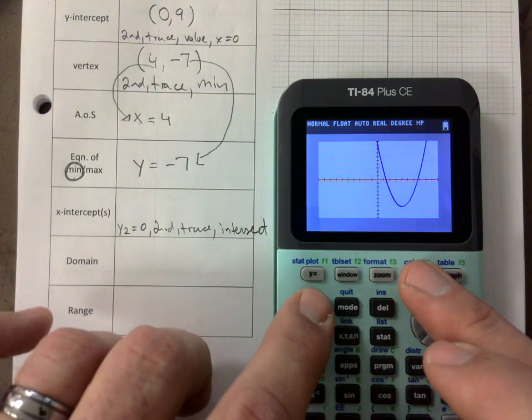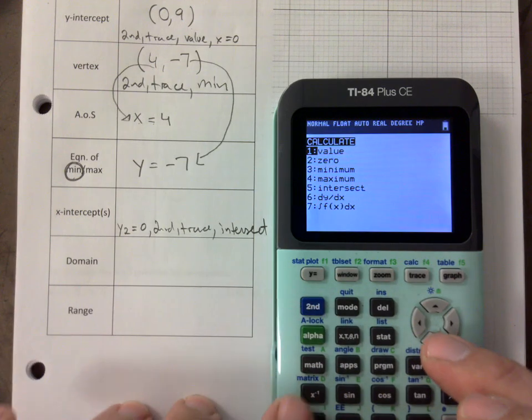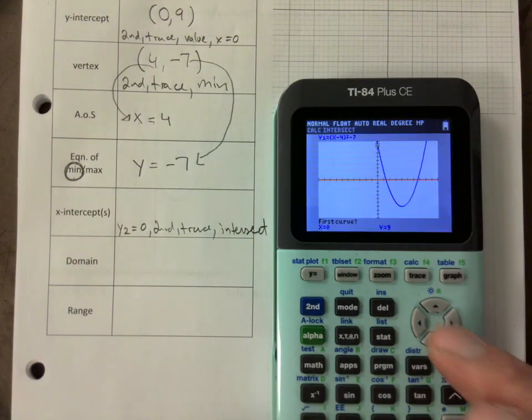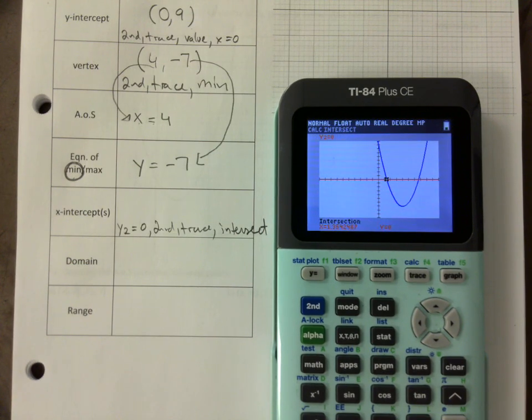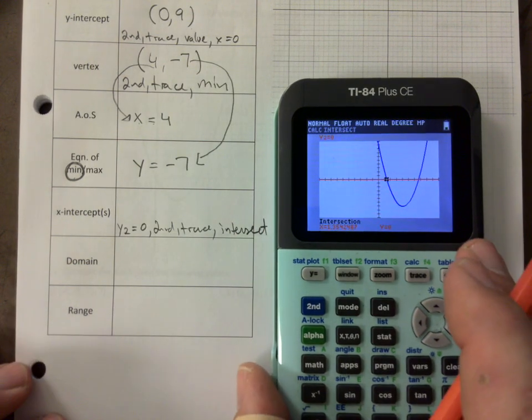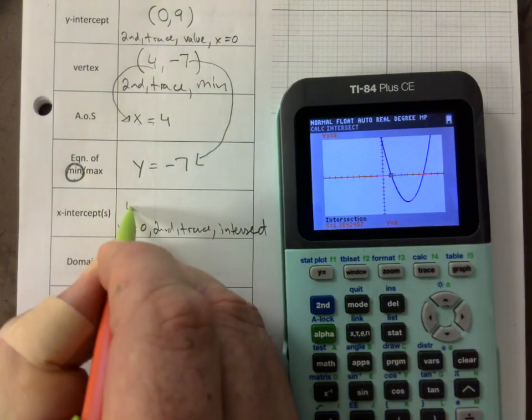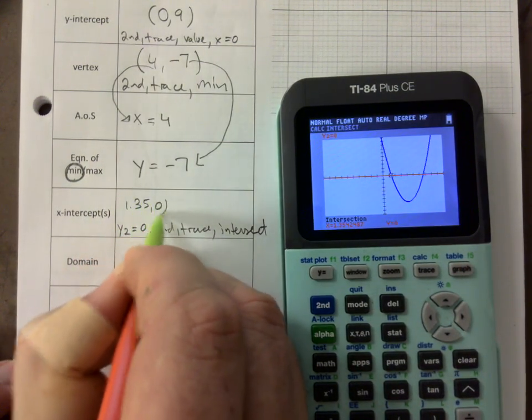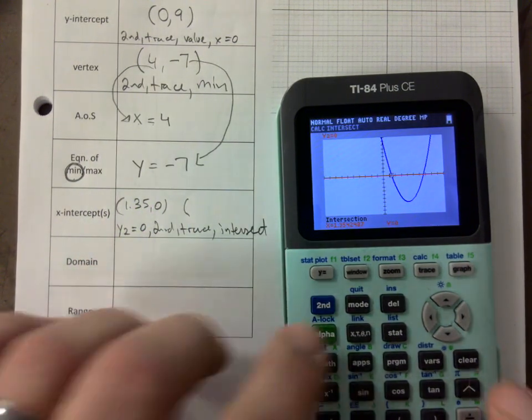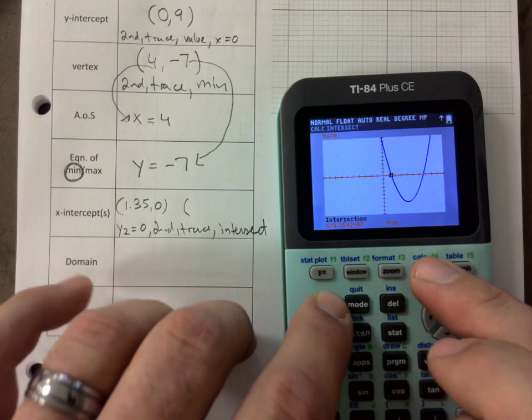Then you've got to go second, trace, intersect, right? That fifth option. Just go close enough. That's close enough there. Enter, enter, enter 3 times. So the first one is 1.350. And the second one, we have to repeat the process. Second, trace.